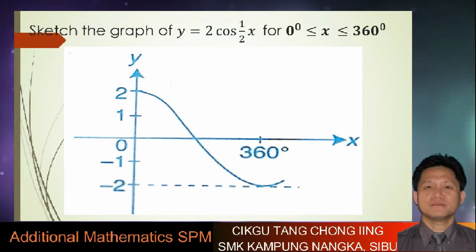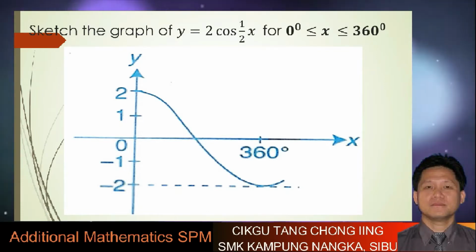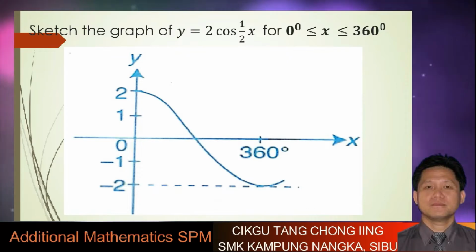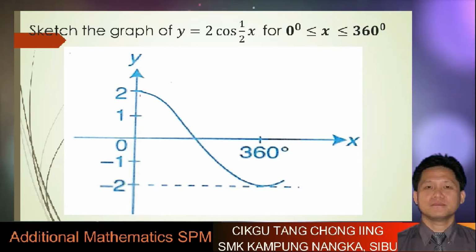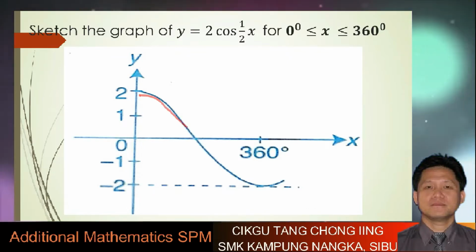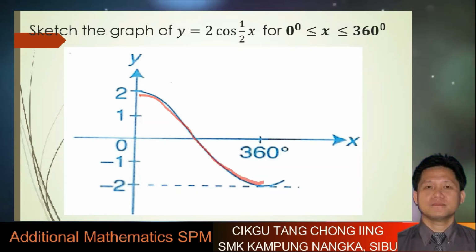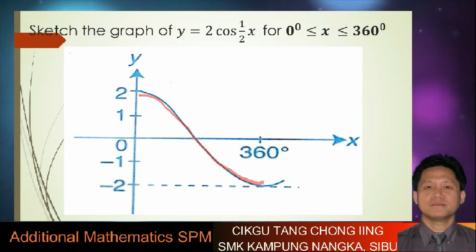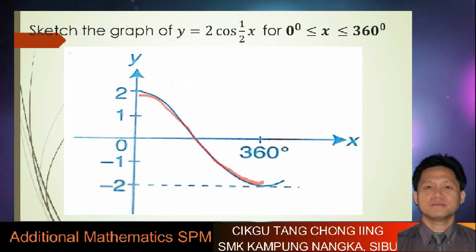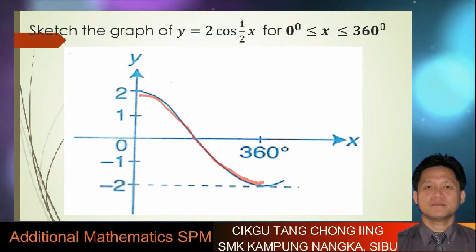That is why, if you look at this graph, you see that it only consists of half of the shape of the graph of cosine x, because we have cos 1/2 x.